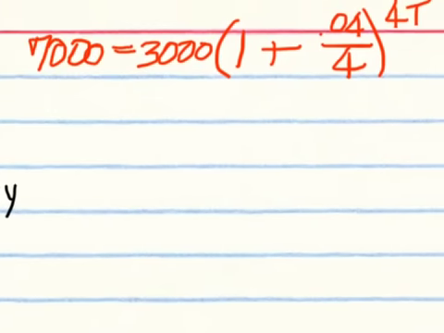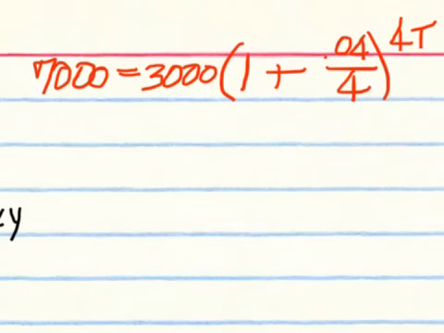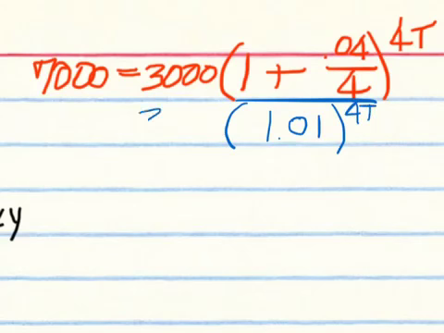Now I can zoom in and hopefully write better from now on. Okay, so we can still do inside the parentheses first. So do 0.04 divided by 4, and then add 1. That's easy enough to write out. 1.01. And then we still have the 4t power, 3,000, and then the 7,000.